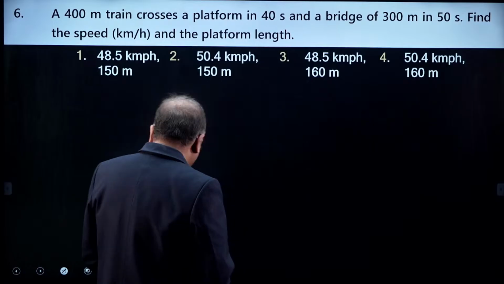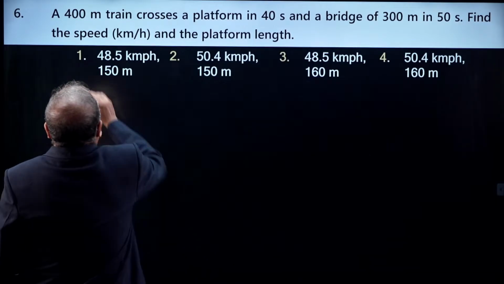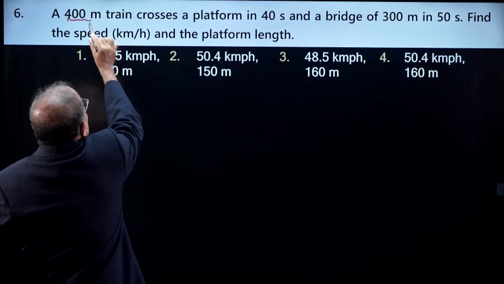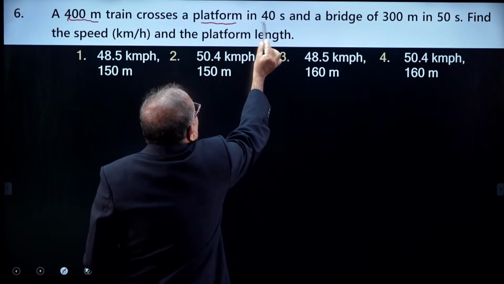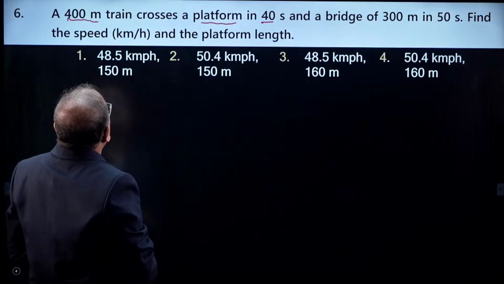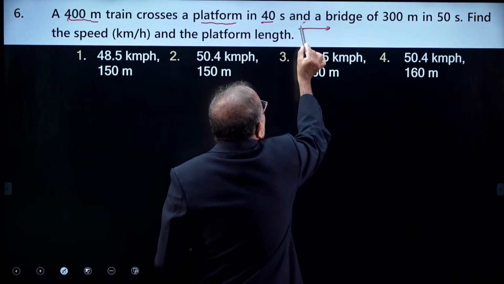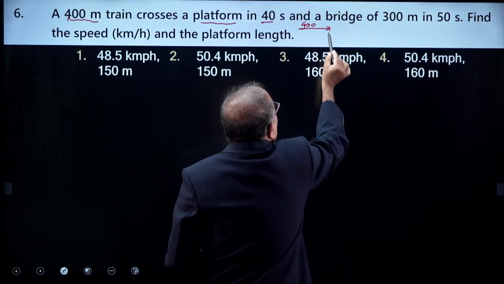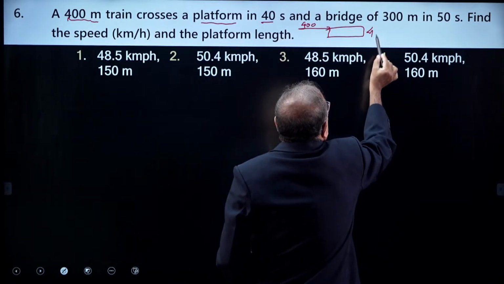Yes. Allow me to read the question here. A 400 meter train crosses a platform in 40 seconds. So the train length is given to us, 400 meter. It crosses a platform in 40 seconds. That is what I know.